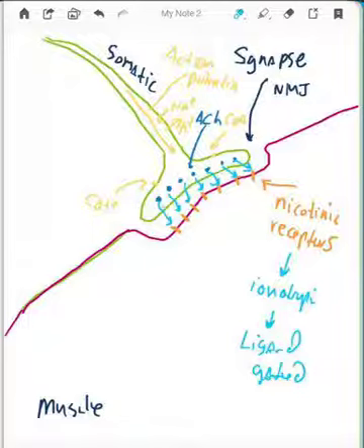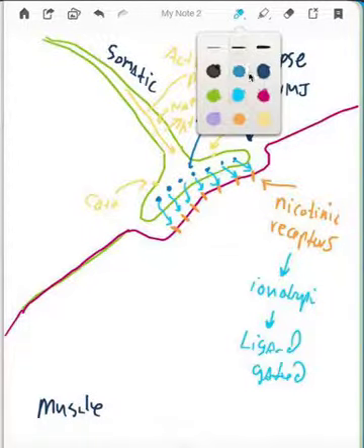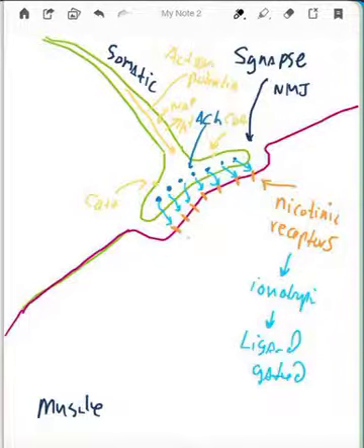It attaches to the receptor and induces a conformational change, and those receptors will then open up. They will allow a specific ion to rush into the muscle cell here, and the specific ion is sodium. So those receptors open up, and sodium then rushes into the cell.